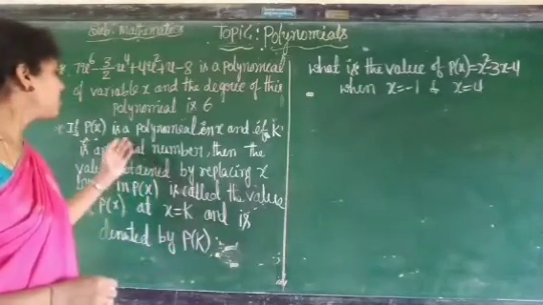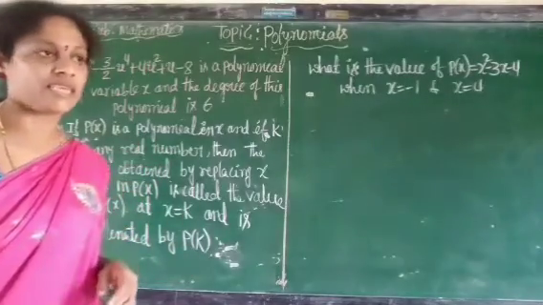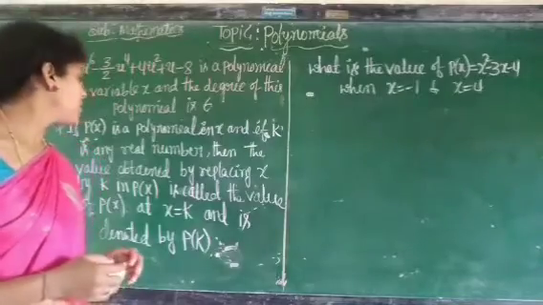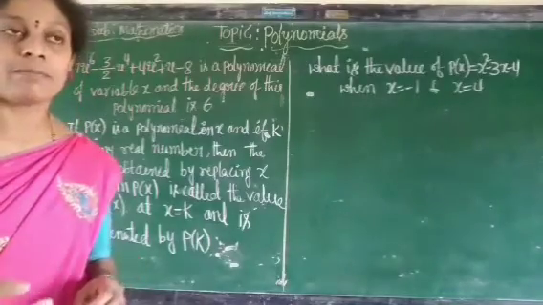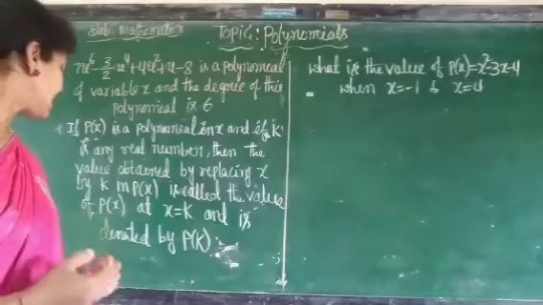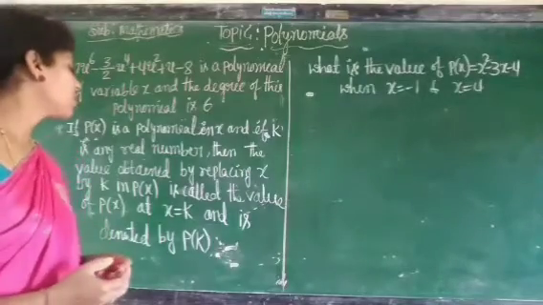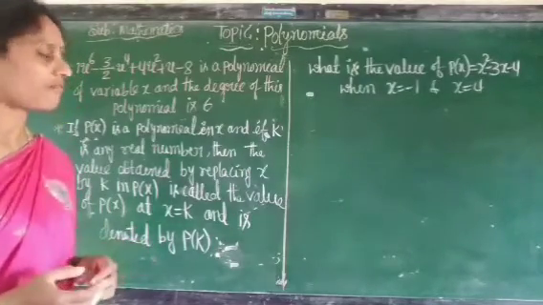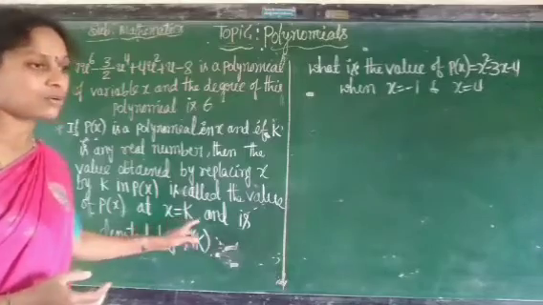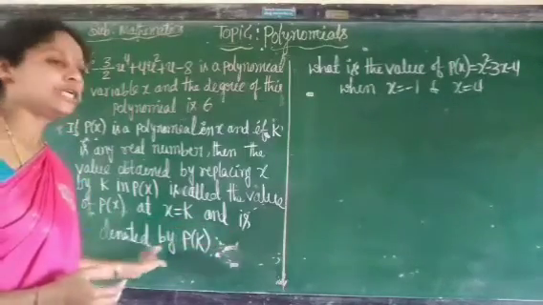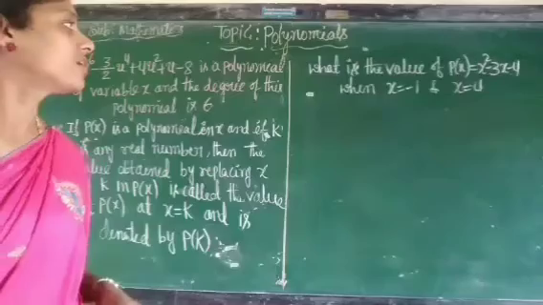Once again, p of x is a polynomial in x, k is a real number, then the value obtained by replacing x by k in p of x is called the value of p of x at x is equal to k and is denoted by p of k.